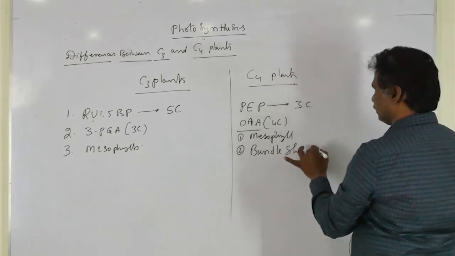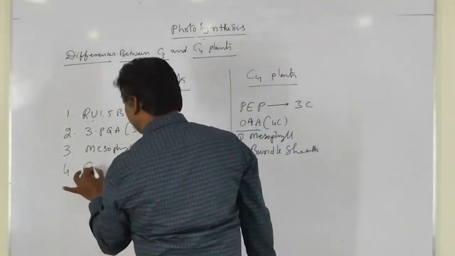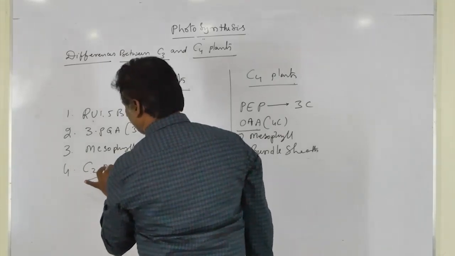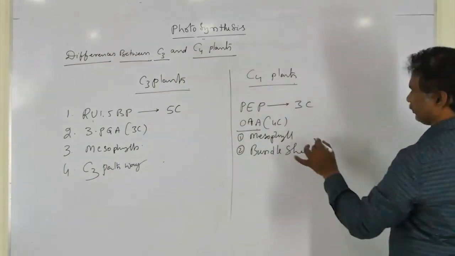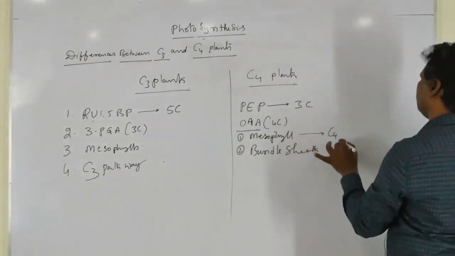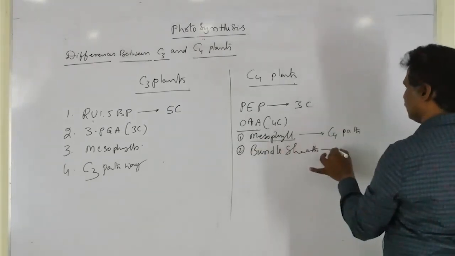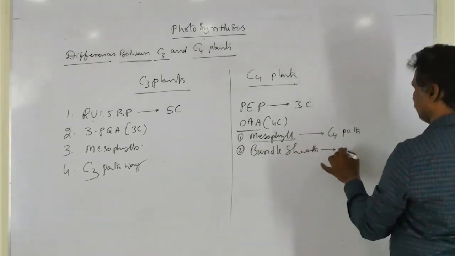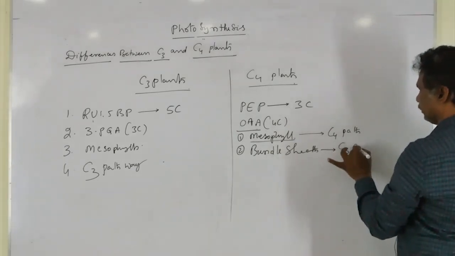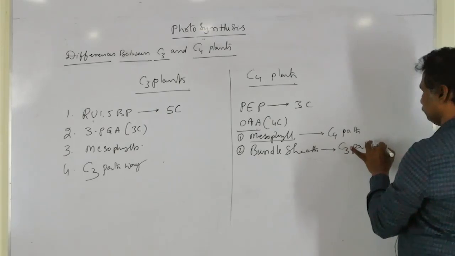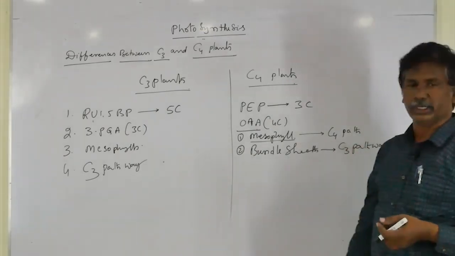In C3 plants only one pathway is present, the C3 pathway. But in C4 plants two pathways are present, the C3 pathway and the C4 pathway. The C4 pathway takes place within the mesophyll cells and the C3 pathway takes place within the bundle sheath cells.